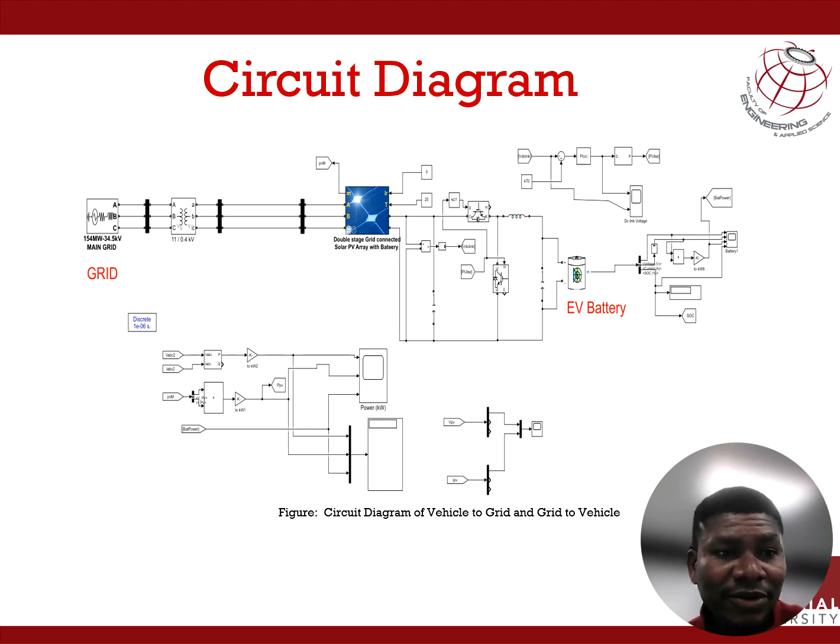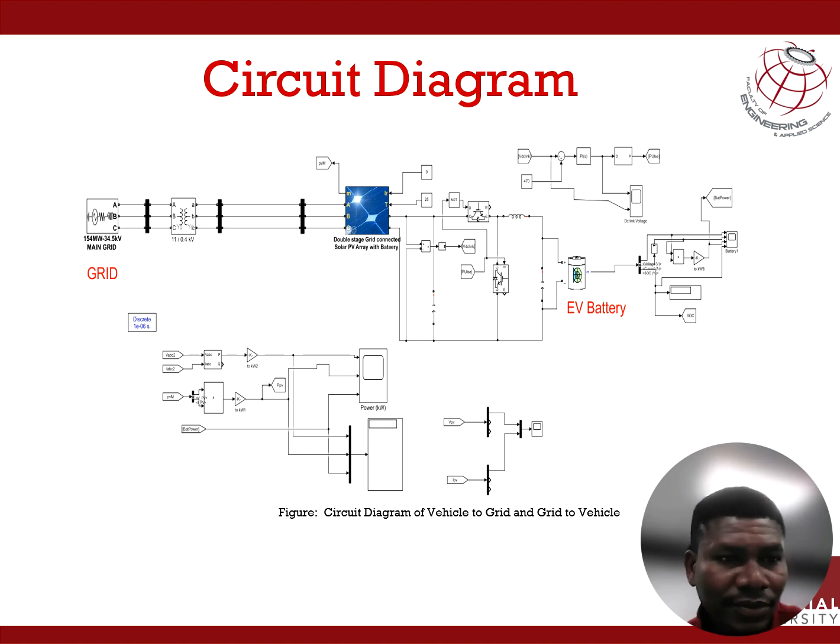The EMS controls and manages the power flow between the electric vehicle battery, the charging system, and the grid. It ensures efficient and optimized energy utilization while considering factors like battery state of charge, charging or discharging rate, and the grid conditions.